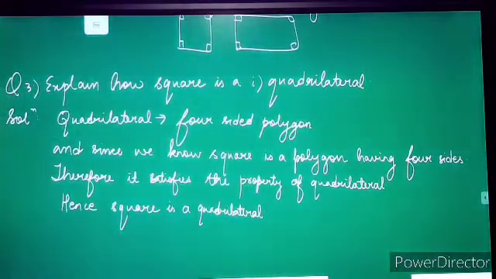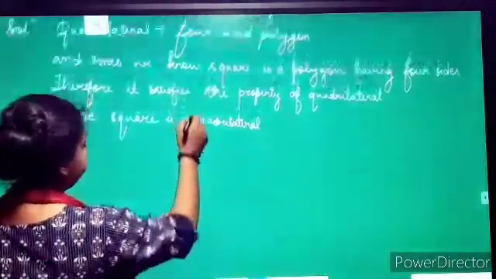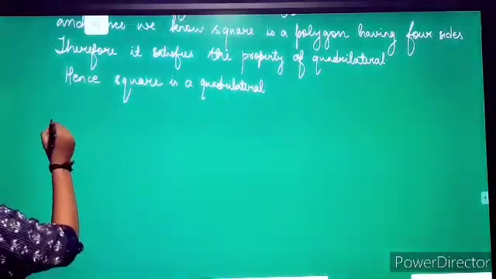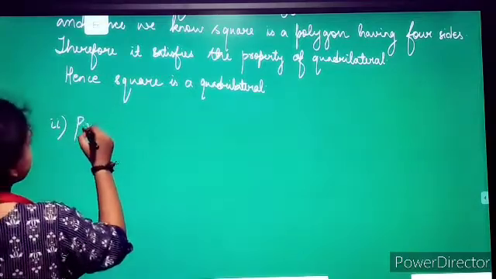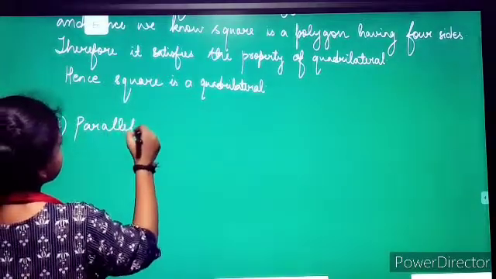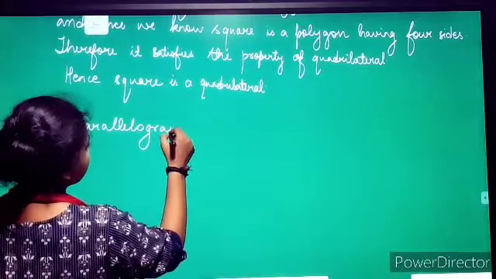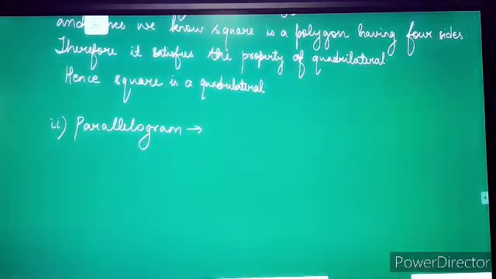This solves our first part. Second, we have to explain how square is a parallelogram. So beta, here we know what the properties of a parallelogram are.